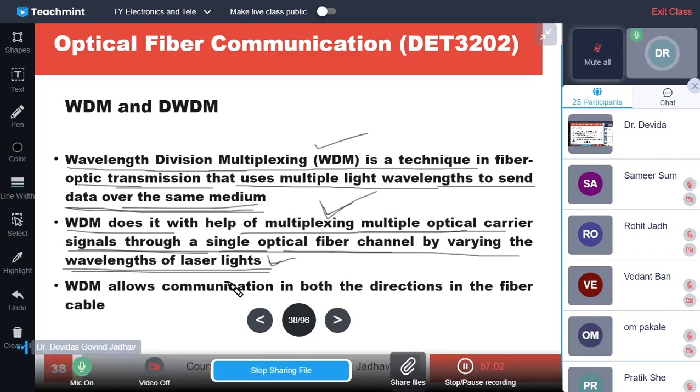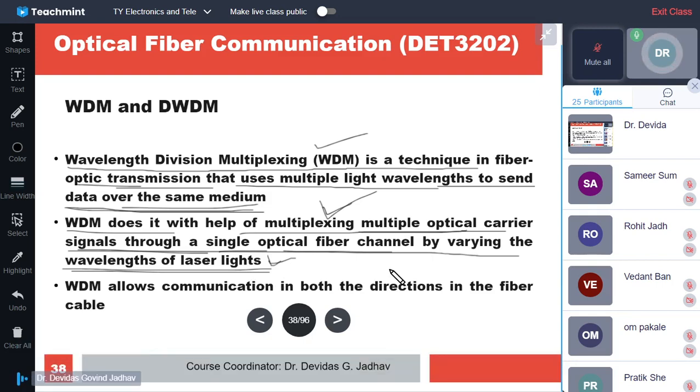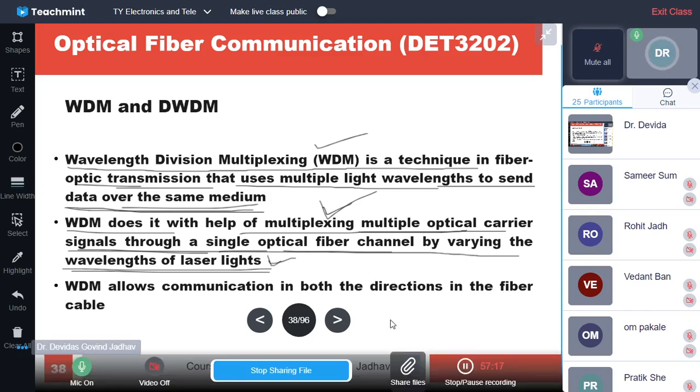WDM allows communication in both directions in the fiber cable. So it is bidirectional. Again, the bidirectional signal can be separated with the help of couplers, isolators.